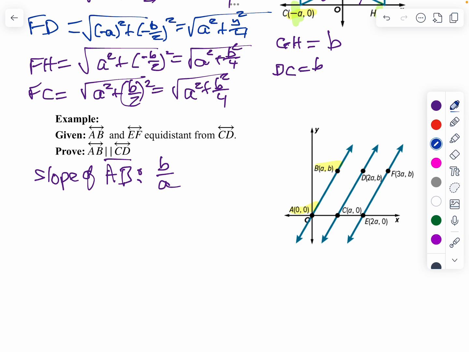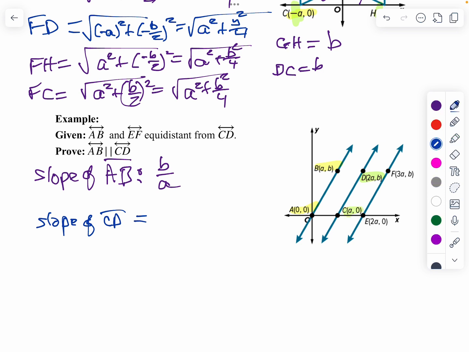Now let's turn around and let's do the slope of CD. Don't have to do too much different here. So I'm just going to look at 2A comma B and A comma 0.